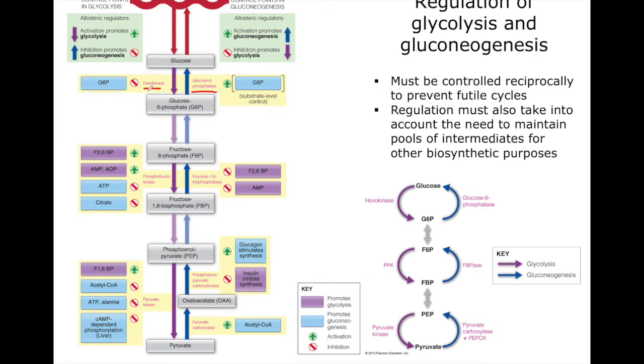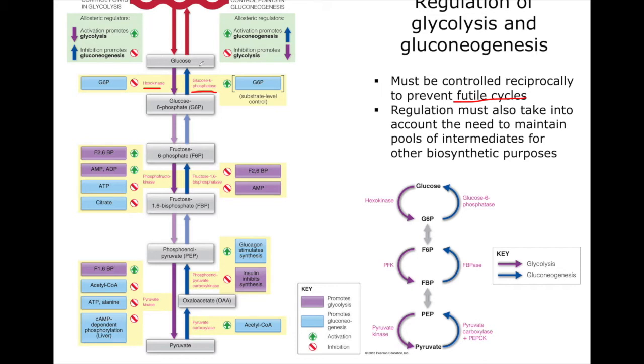So they're reciprocally regulated in order to prevent what is called a futile cycle, because we don't want glucose to be converted to glucose 6-phosphate by hexokinase and then at the same time be converting glucose 6-phosphate back to glucose. Again, that would be a futile reaction.